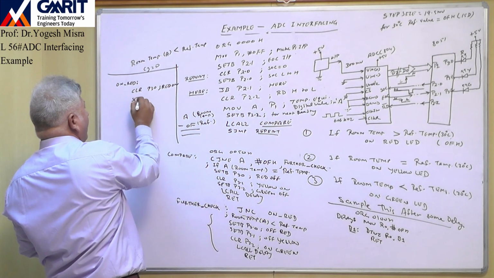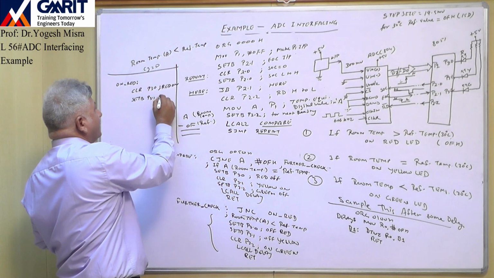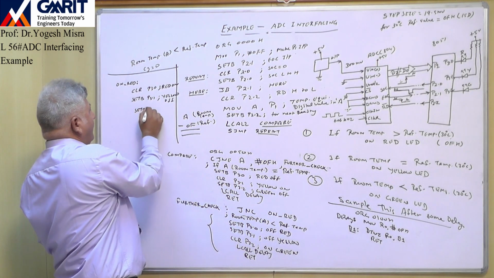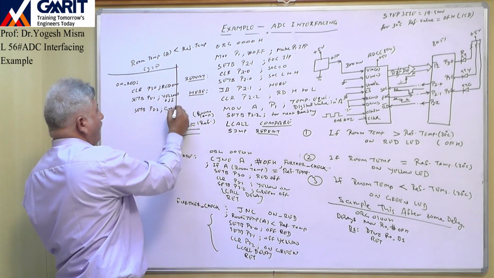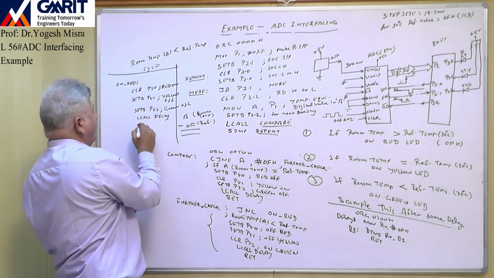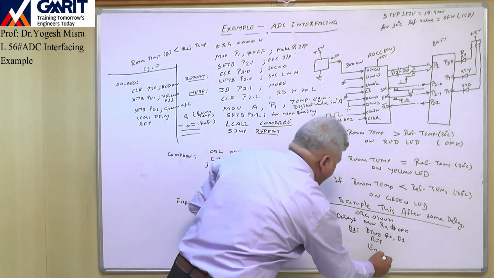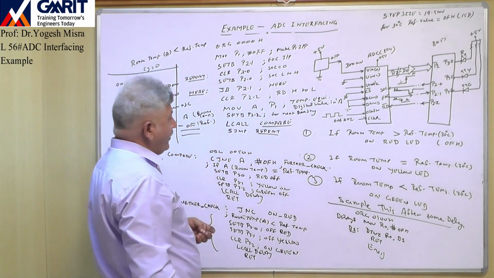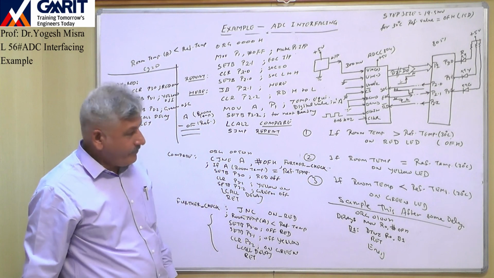Then SETB P3.1, which means yellow off, and SETB P3.2, which means green off, and ACALL delay and RET. And finally here you write END. Delay is the routine written right after this. So in this way, these sets of instructions will perform this particular operation.